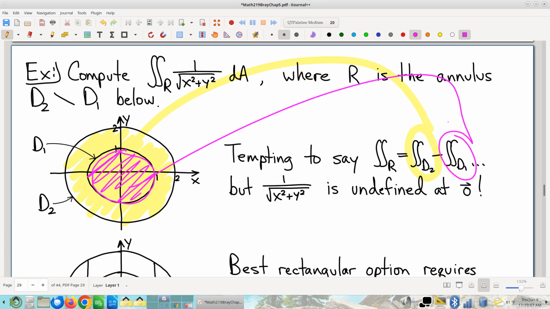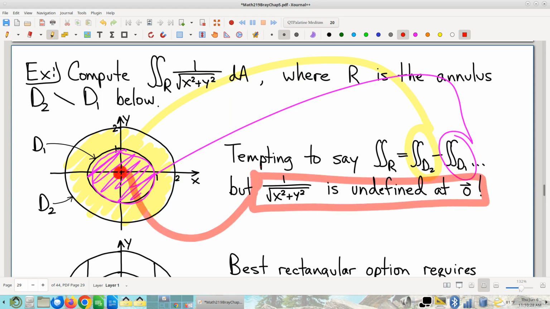Seems like it ought to work. Y'all have done things of this sort in single variable calculus classes. Seems clever and strategic. Crash and burn, doesn't work at all, because if you look at the origin itself, at the origin, the integrand is undefined.